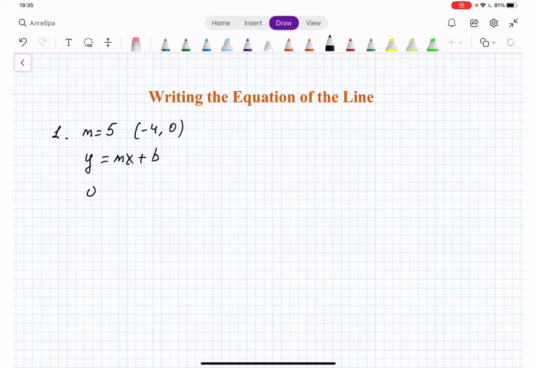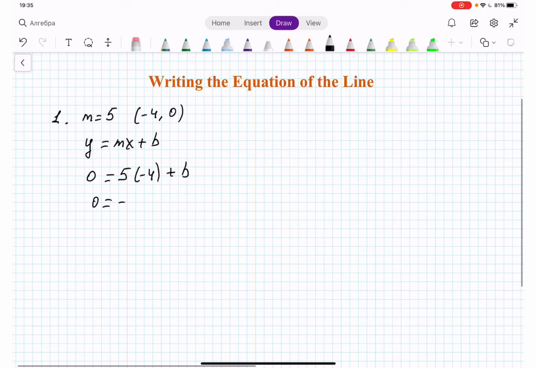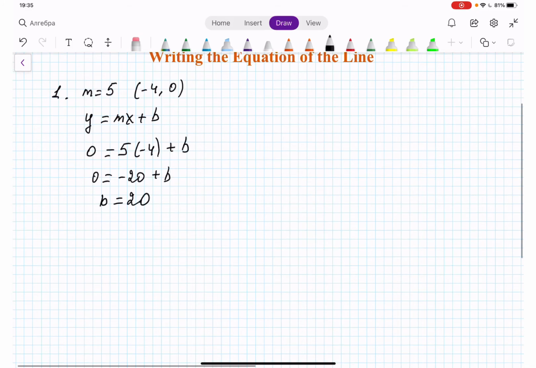So y is equal to 0, m is equal to 5, and x is equal to -4, plus b. From here, 0 is equal to -20 plus b, and b is equal to +20. From here, we can write down y is equal to 5x, and b is plus 20. Okay? Next question.